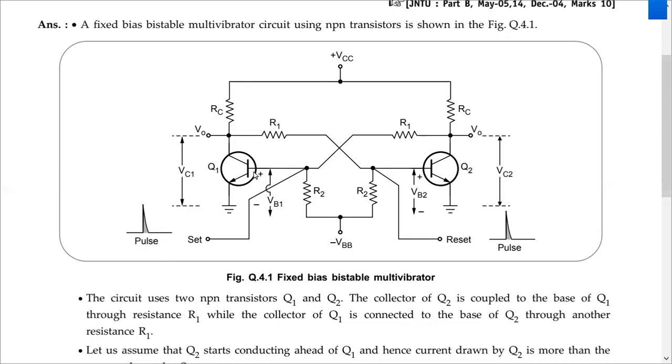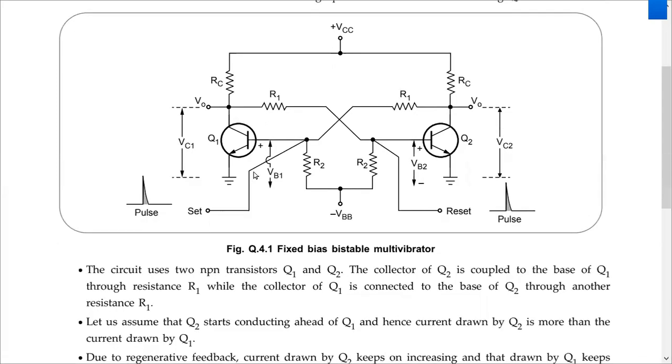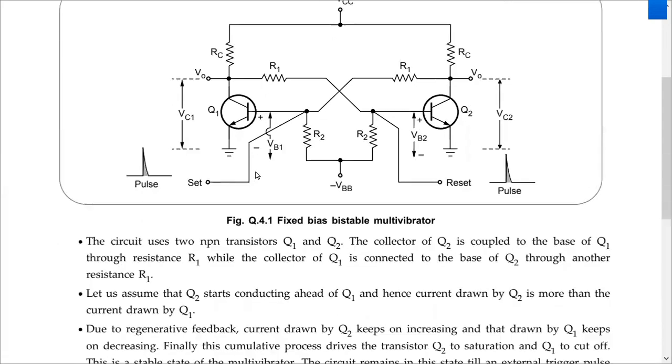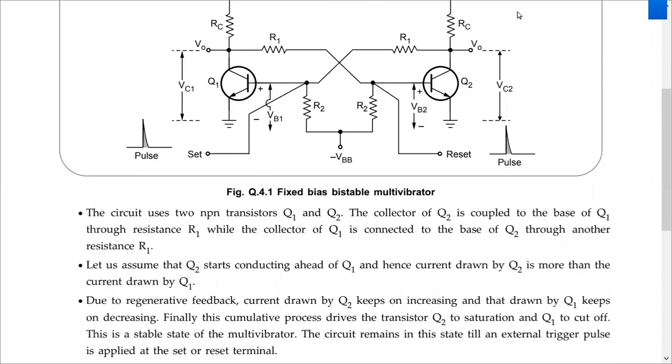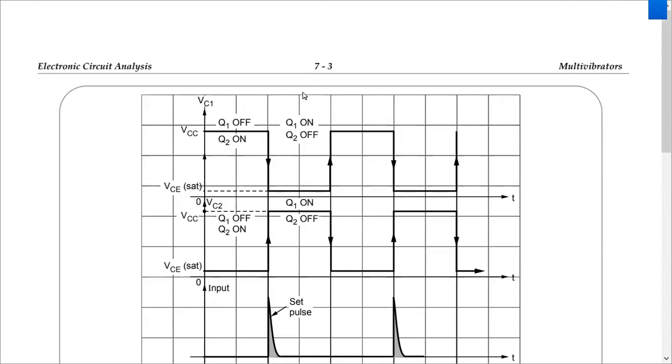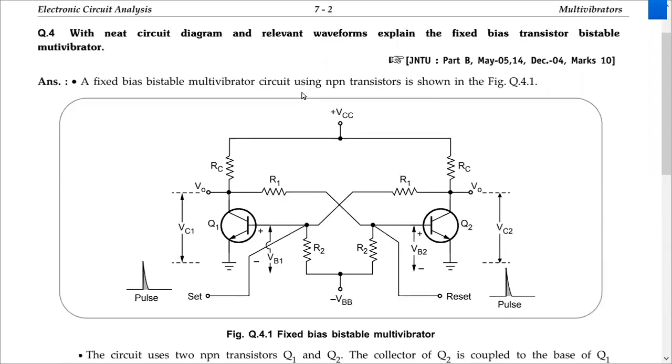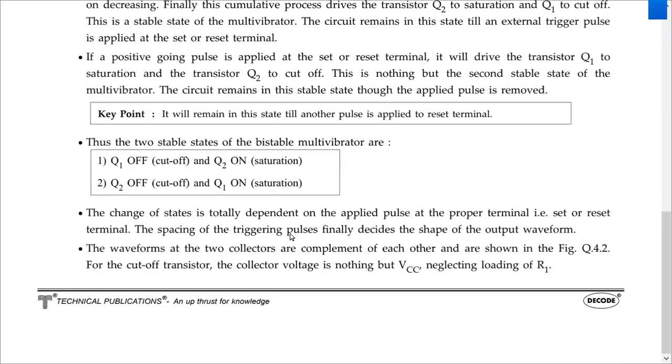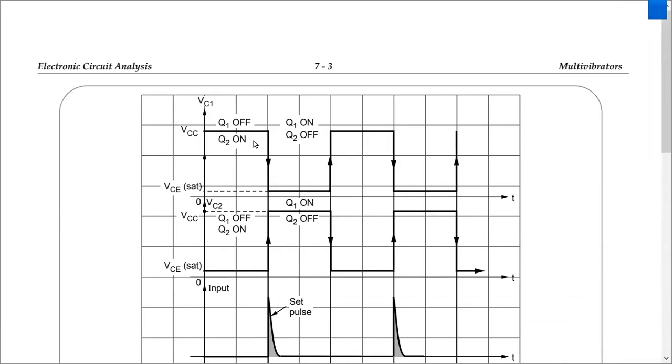So Q1 goes on. When Q1 goes into the on position, due to the regenerative feedback, Q2 will go off. So when we give the pulse, Q1 will become on and Q2 will become off. Because of this, the switching of the transistors is reversed compared to the previous case, so obviously the voltages VC1 and VC2 will be reversed.